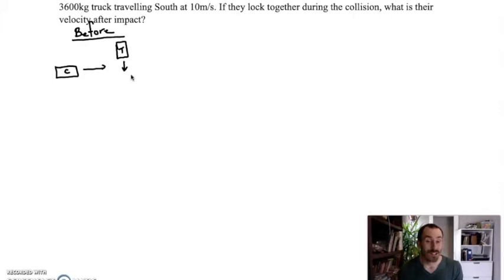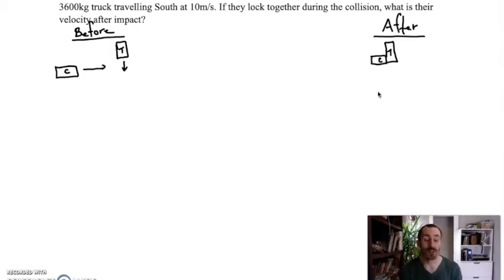Okay, they are going to collide with one another and lock together. So if we go over here for the after side, after collision, they become one object. Okay, so we have our car and truck that have locked together into a car truck.